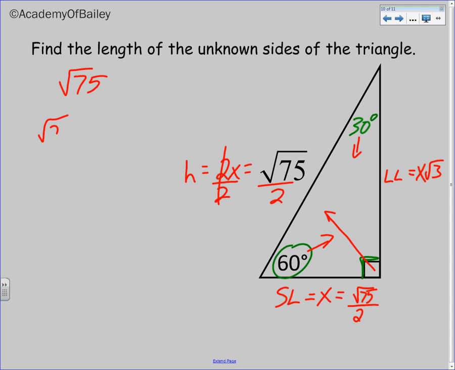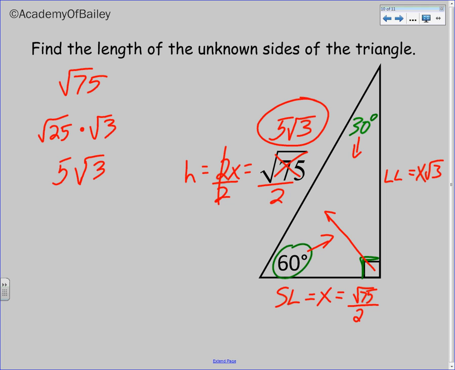Because the square root of 75 is the square root of 25 times the square root of 3, and the square root of 25 is 5. Square root of 3. That's what I would much rather see this as. 5 square root of 3. And this, I would like to see it as 5 times the square root of 3 divided by 2.